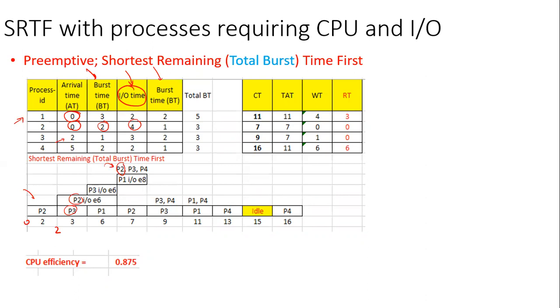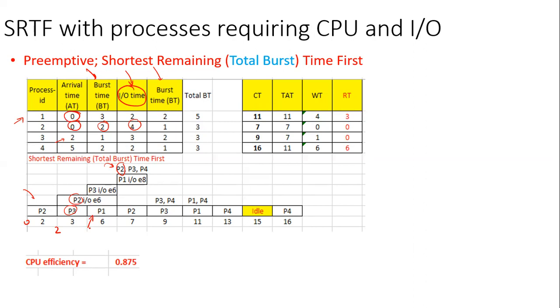Yes or no? Maybe I should do it one by one, right? Otherwise it will be confusing to you because you want to maintain the queue. Is it clear that I can take P1 back again here? Not P1 back, sir. P1 is the first time here.